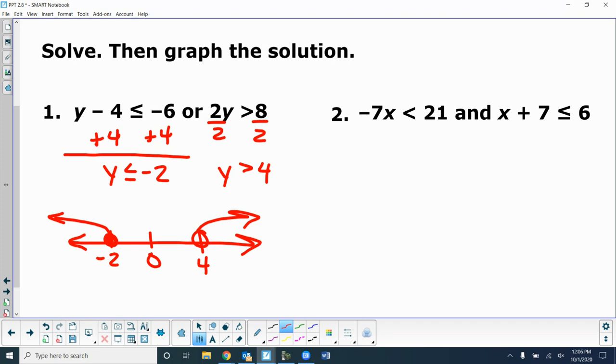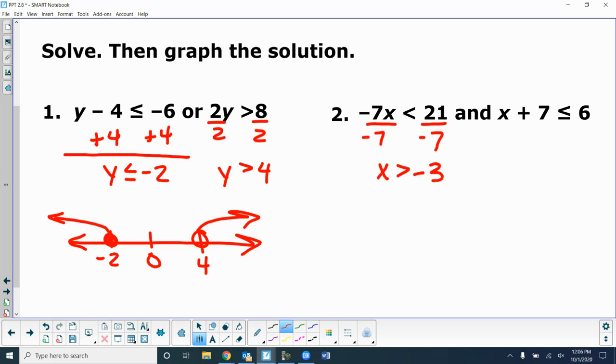All right. This one, there was one like that on the homework. Liz, what'd you do on the left side of this one? Close. Well, you gotta remember, if you divide by a negative. Good.